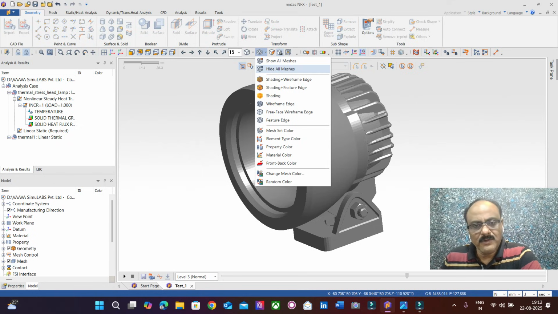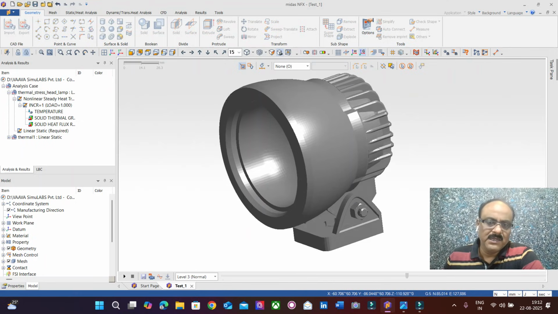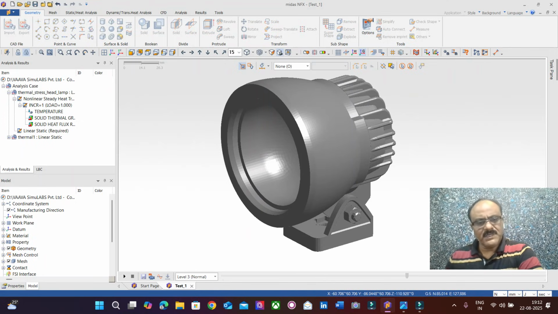Before that, what we need to perform is a thermal simulation. Now thermodynamics is a subject that deals with heat and energy and all this.